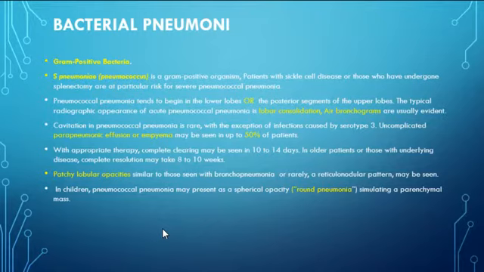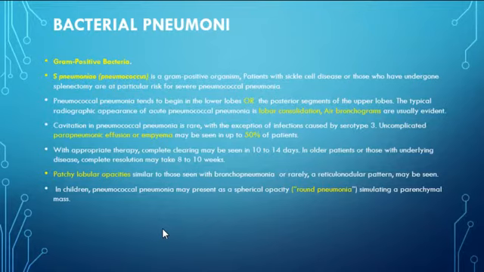Now passing to bacterial pneumonia, we have gram-positive bacteria. Staphylococcus pneumonia is a gram-positive organism. Streptococcus pneumonia is a gram-positive organism. Patients with sickle cell disease or those who have undergone splenectomy are at particular risk for severe pneumococcal pneumonia.